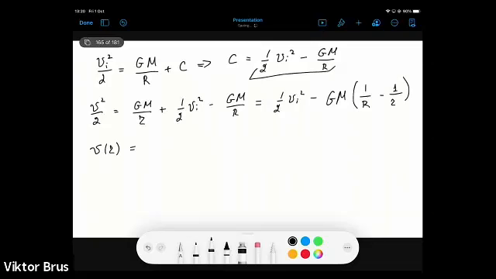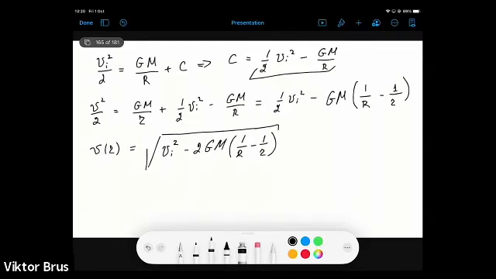That will be equal to the square root of V initial squared minus 2G times the mass of the planet times 1 over R minus 1 over small r. So the first step we accomplished.